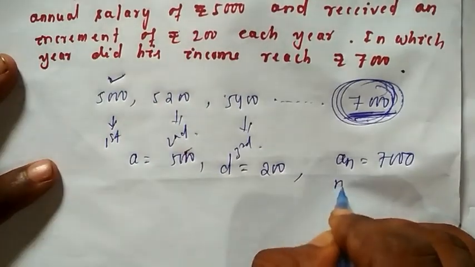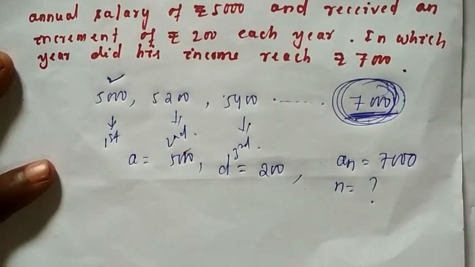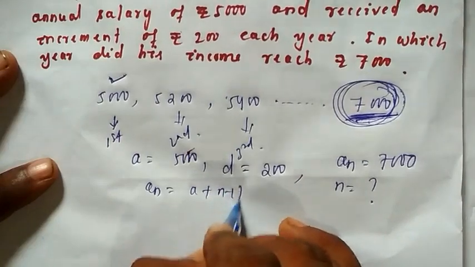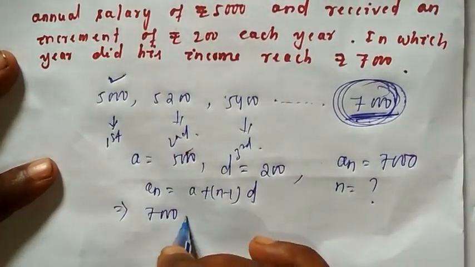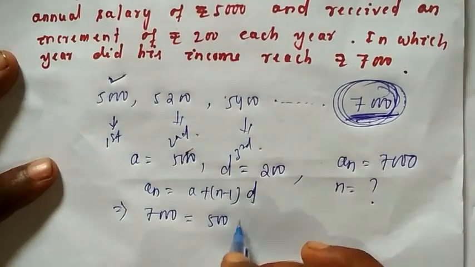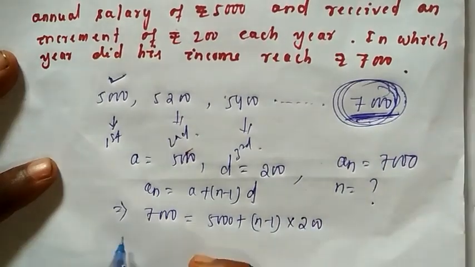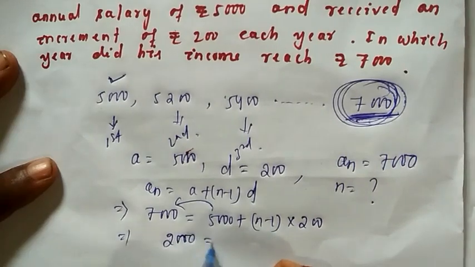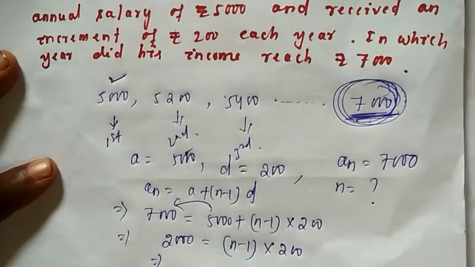What do you have to find here? n you have to find. Why? Because the question is asking how many years, that means number of terms. Apply formula. a_n is equal to a plus n minus 1 into d. In place of a_n you can write 7,000 is equal to first term 5,000 plus n minus 1 into d, d is 200. 5,000 will come this side. It will be how much? 2,000 is equal to n minus 1 into 200.